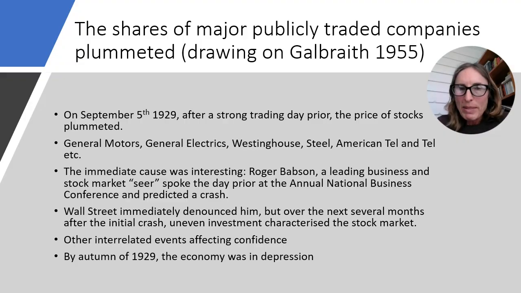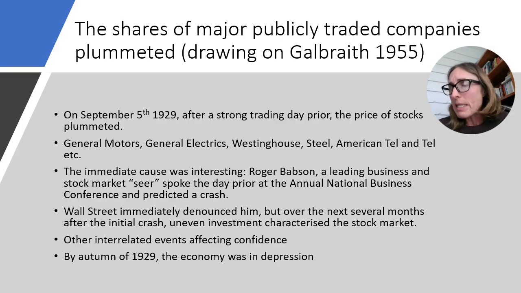So what happened exactly? Well, the shares of the major public trading companies plummeted. Here I'm drawing on Galbraith's classic text in this area from 1955, appropriately entitled The Great Crash 1929. Galbraith is a very well-known economist that also has a historical eye, so he's interesting in that regard.